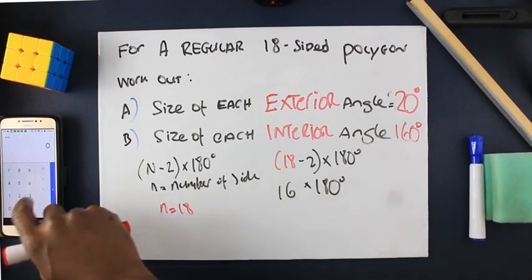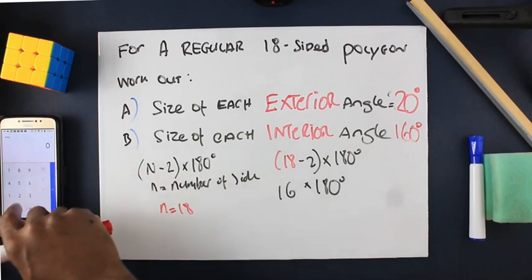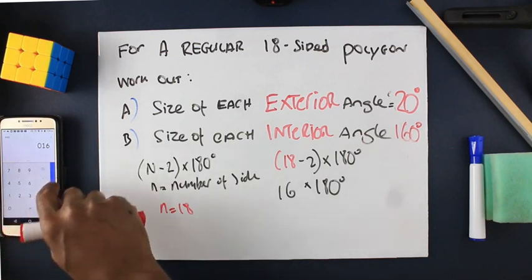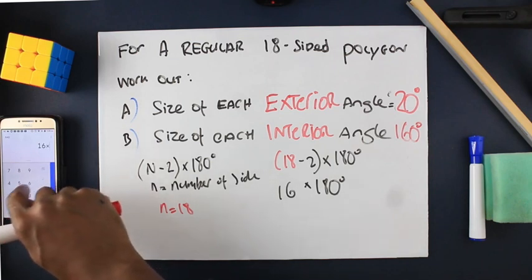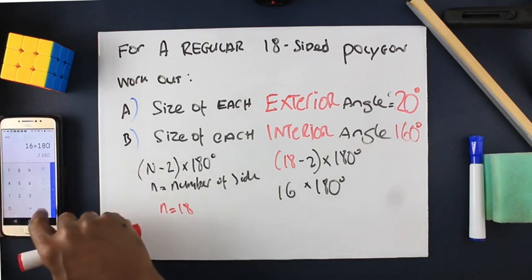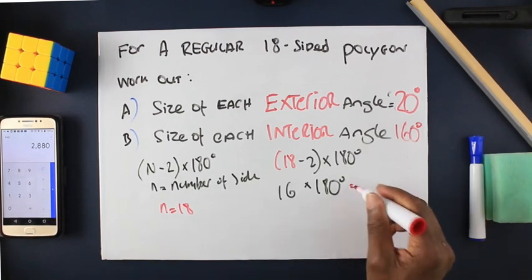What does that equal? Let's try it. 16 times 180 equals 2,880 degrees.